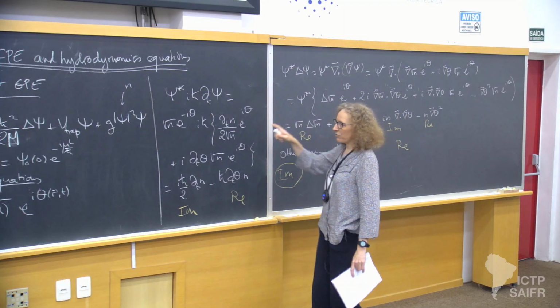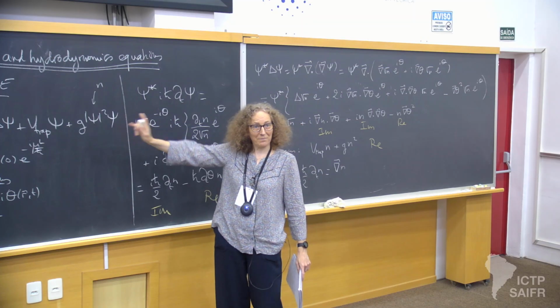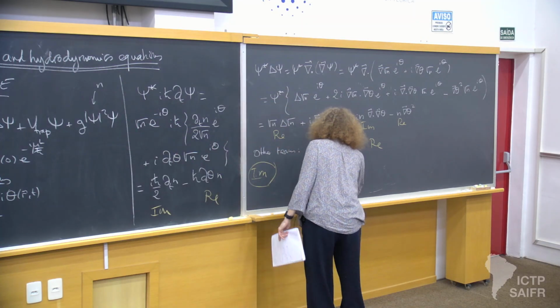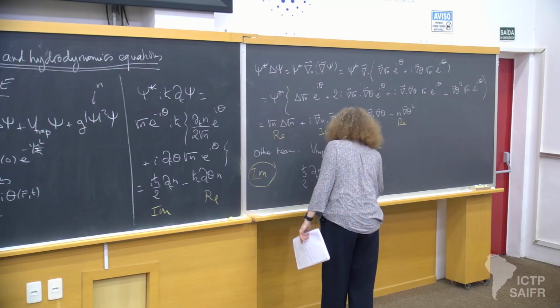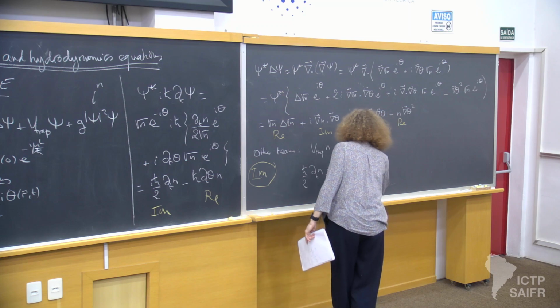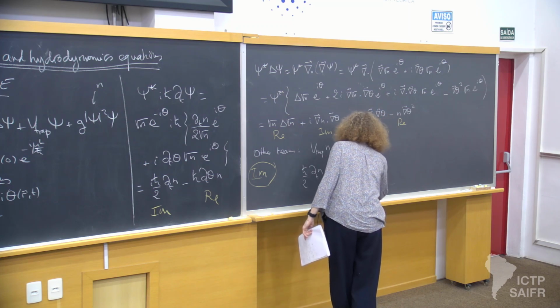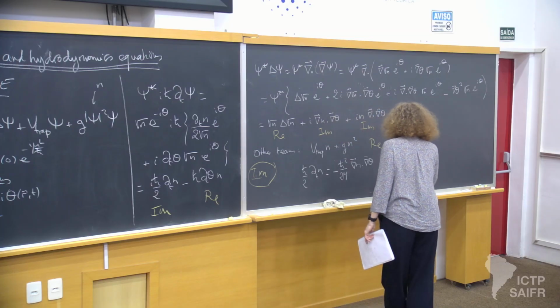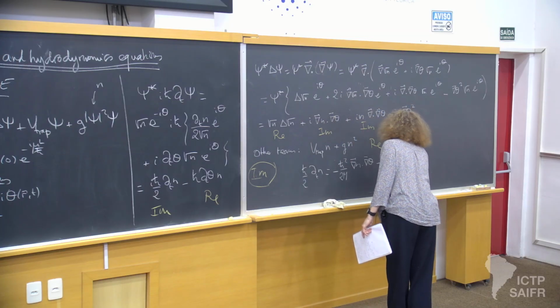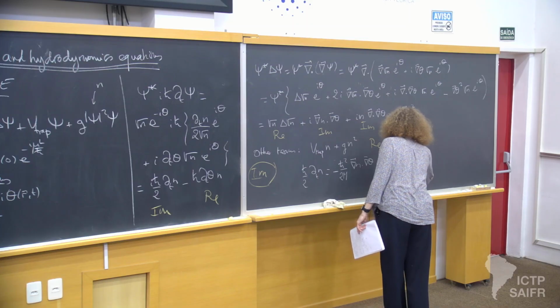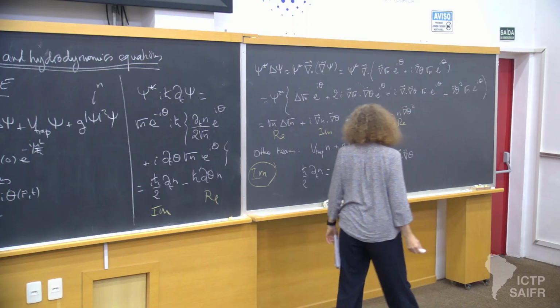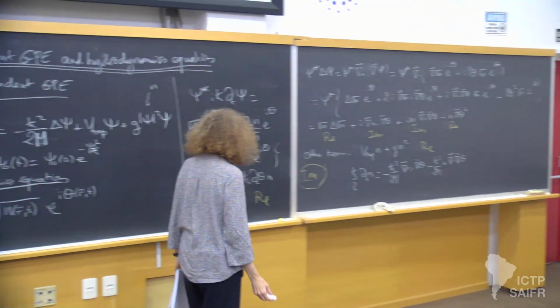So I also have to multiply by minus h bar square over 2m. So minus h bar square over 2m, the gradient of n times the gradient of theta, minus h bar square over 2m, n times the divergence of the gradient of theta. Okay?